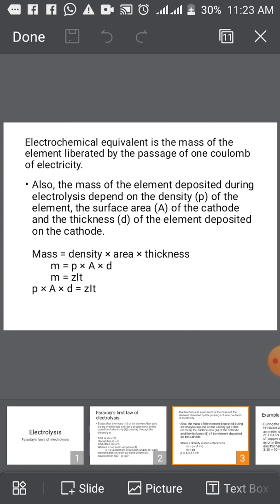Also recall that area multiplied by thickness is equal to volume. Since m is equal to ρ multiplied by A multiplied by D, m is also equal to Z multiplied by I multiplied by T. Equating the two equations, we'll have ρ multiplied by A multiplied by D to be equal to Z multiplied by I multiplied by T.